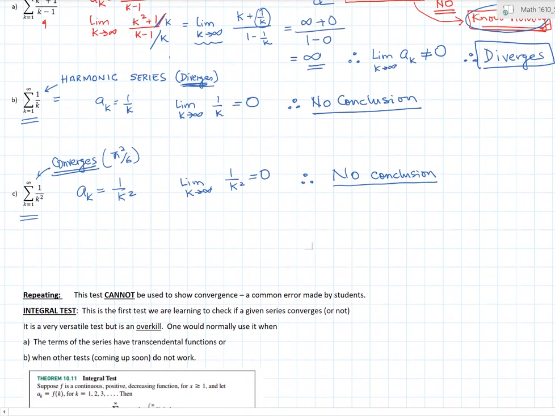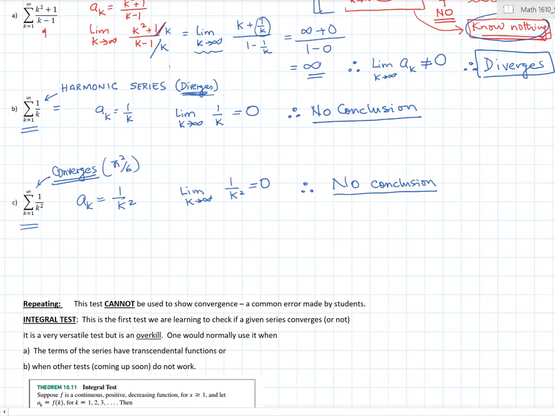The point that I'm trying to make here is that just because a_k goes to 0, that means the limit of a_k is 0, does not mean that the series converges.